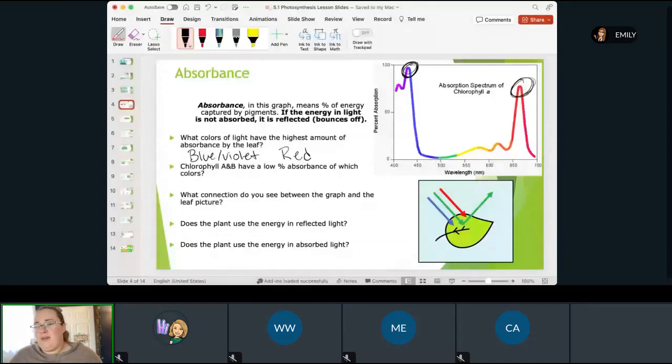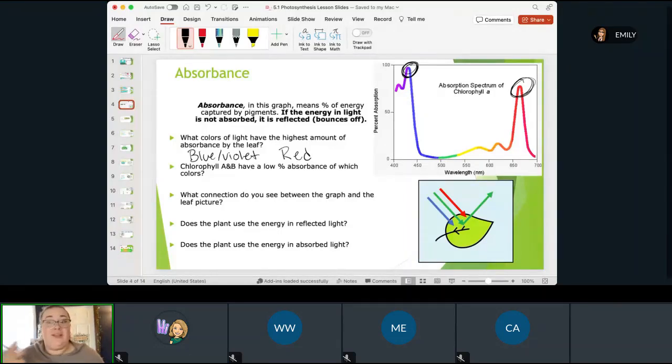Now remember that chlorophyll is a pigment. So chlorophyll A and B, there's two different types, but they have a low absorbance of which colors? Which color has the lowest absorbance or transition from one color to another? Good.